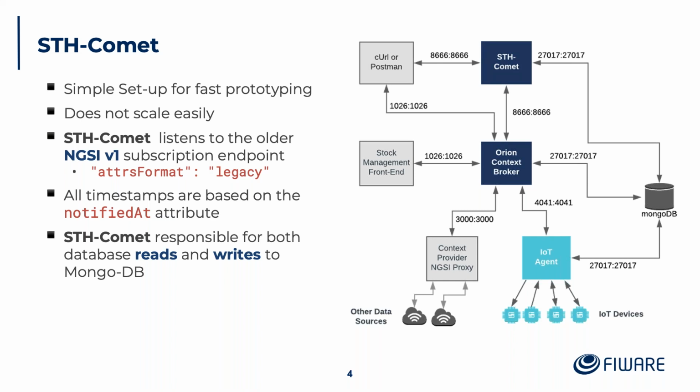There are all sorts of operations which you can do, and we can see that thereafter. So Comet is a simple system here, this is the setup for fast prototyping, where you've just got Comet, which is receiving subscriptions directly from the context broker. So let's see this in action.